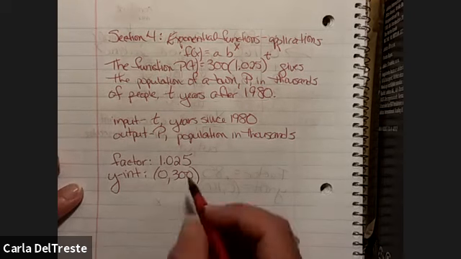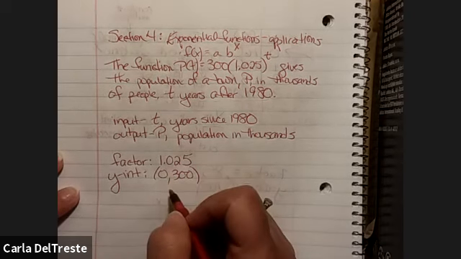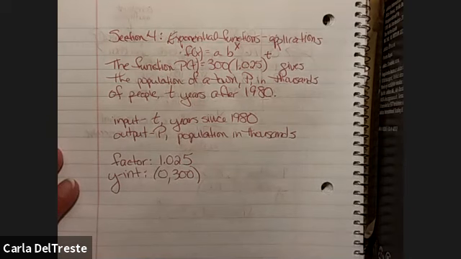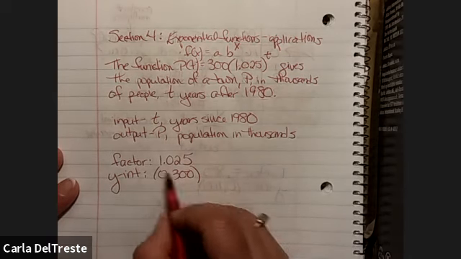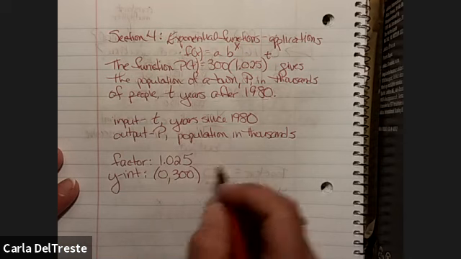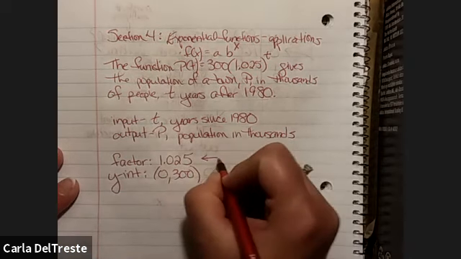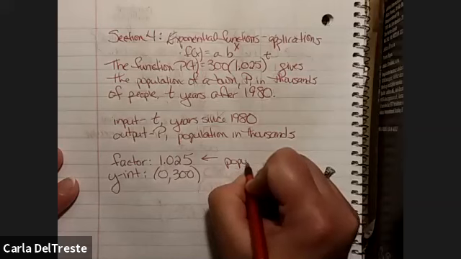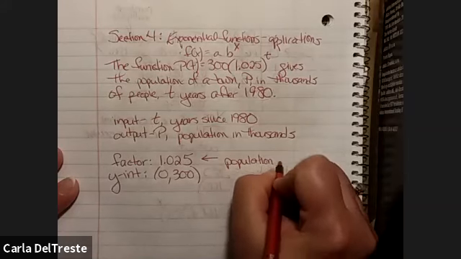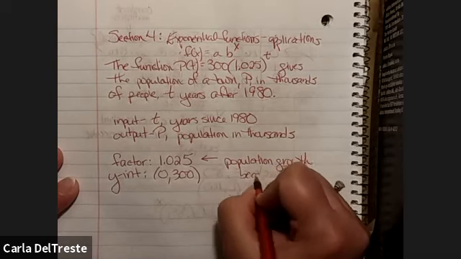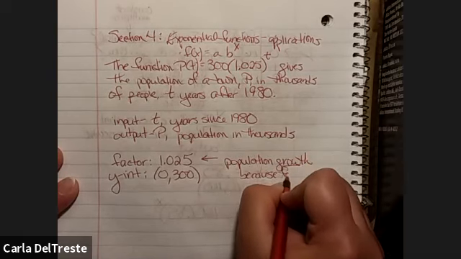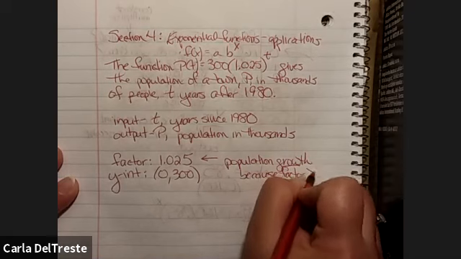So let's answer some questions based off of this knowledge. Is this town growing? Is the population growing, or is the population decaying? Well, the factor is going to tell us that. This factor is larger than 1, so this tells us that we have population growth because the factor is larger than 1.